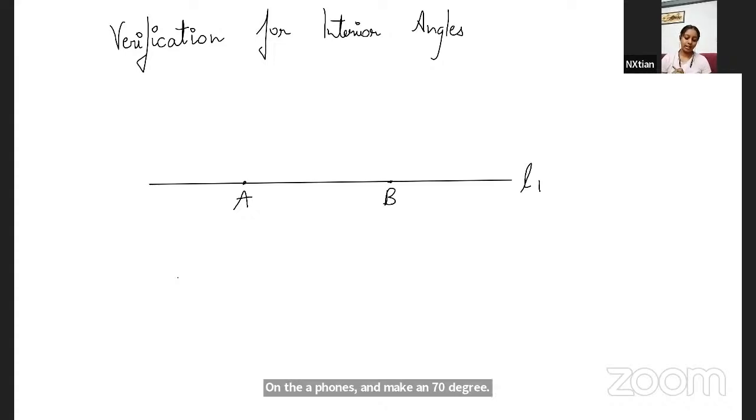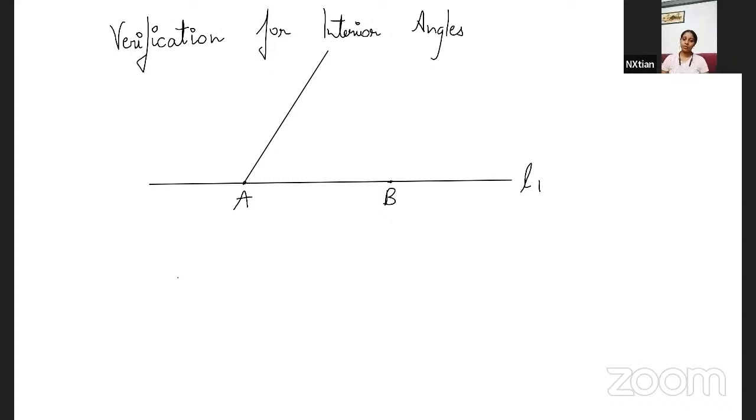Don't cut through the line L1. Done, ma'am. Okay. Now, from the point B, place the center of the protractor on the B point and make an angle of 110 degrees.